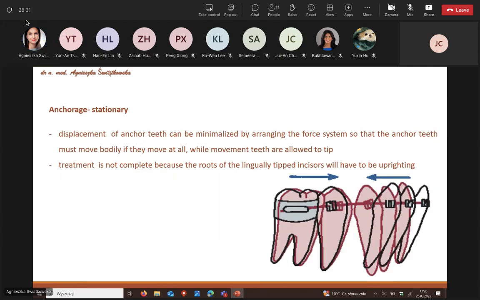That's why, if we don't want big movement of the buccal teeth, first we achieve only distal inclination of the anterior teeth, and then we make correction of the root. So we need less force during this treatment. Less force means less possibility of resorption of the tooth.